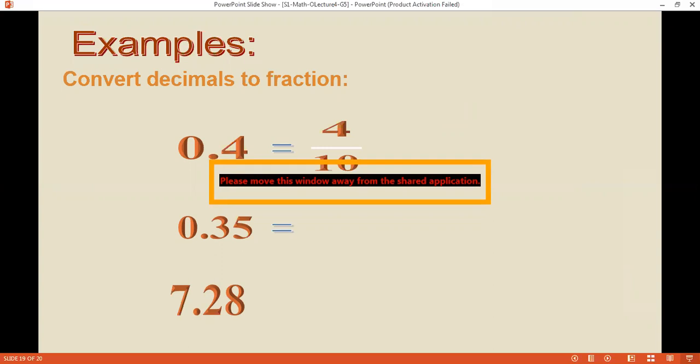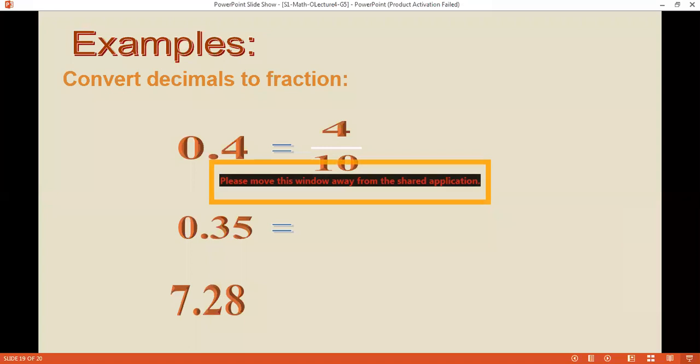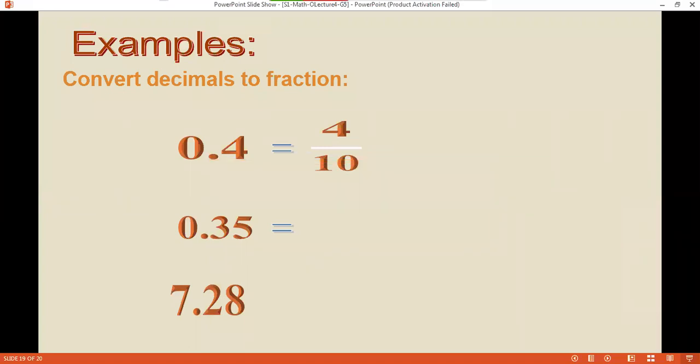Who can tell me the second one? Hala? 35 over 10. No, if you say it in word form now, it will be easier to write it as a fraction. Try to say it in word form. This is 35 what? Oh, 35 hundredths.